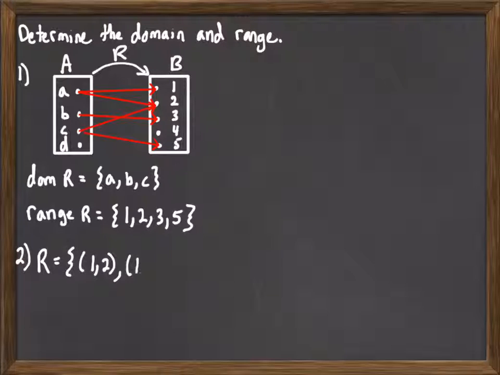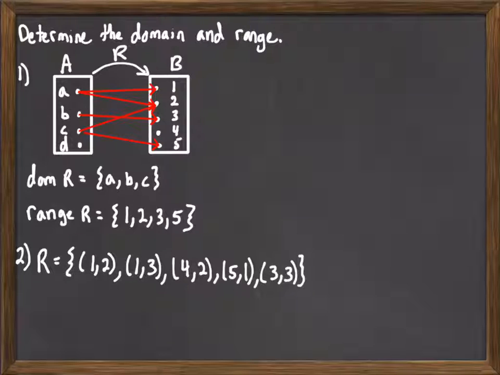We can also represent a relation as a set of ordered pairs. So in this case we have the set of ordered pairs (1, 2), (1, 3), (4, 2), (5, 1), and (3, 3). Okay? And so here we look at all of our x values as being in set A and our y values as being in set B, and again we can determine our domain and our range.